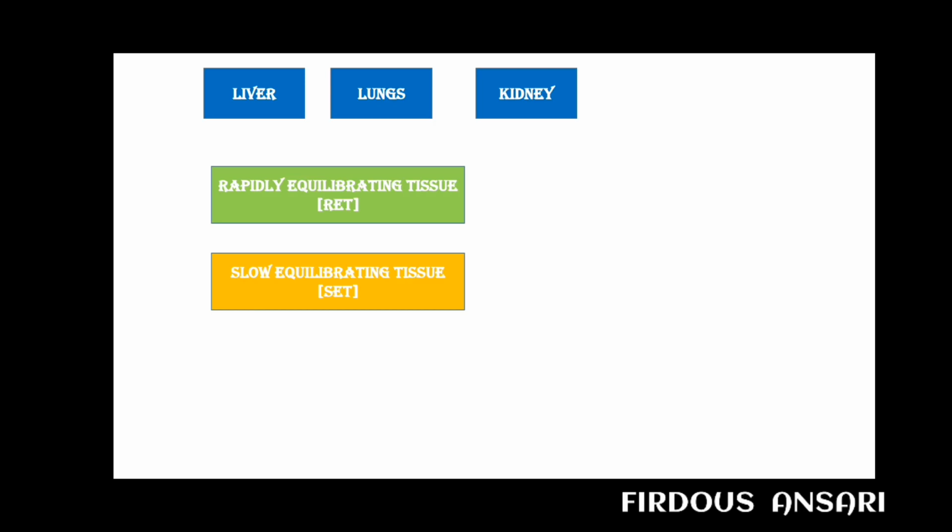And lastly, the third and the best advantage of this model is that we can extrapolate. See, how much drug is moving into different organs is different. Organ biopsy is not an easy task. So what we do is we do experiments in animals and then extrapolate to human beings. Like if we get this much absorption of the drug in the liver, or this much amount of drug distributed in the liver of this particular animal, we check the size of the liver of that animal and then the size of the liver of the human being and extrapolate.